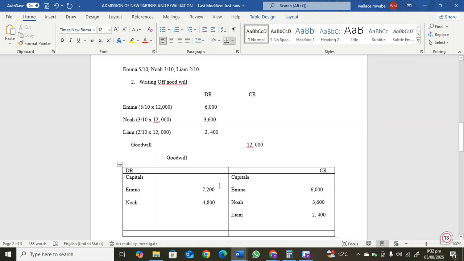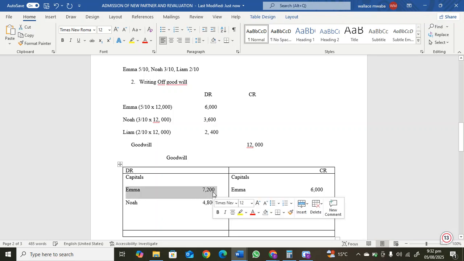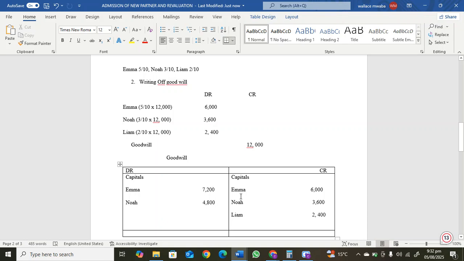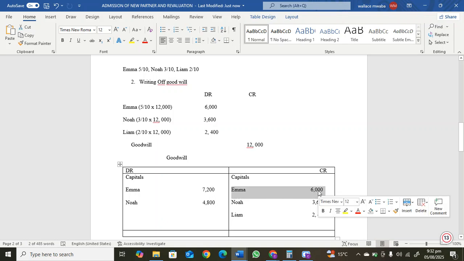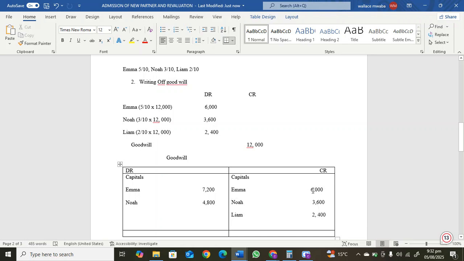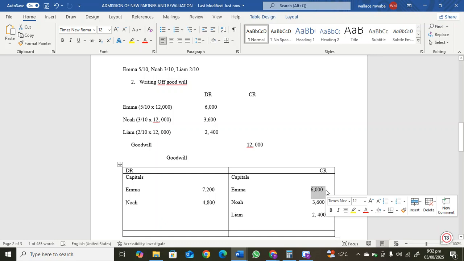So before Liam came in, Emma was entitled to 7,200 of the goodwill. Now Liam has come in, so Emma is giving off 6,000 here.